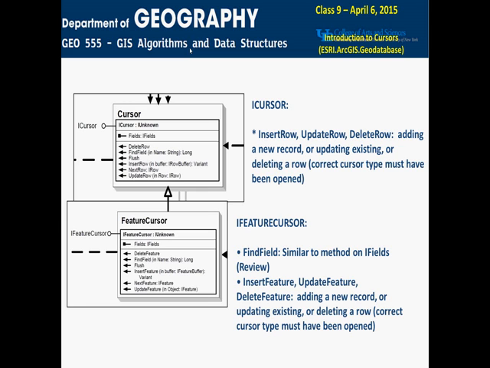You can insert a new record into a database, update an existing record by changing attributes, remove a record from a database, or just select a cursor to look at it. I don't have select listed here because it's not necessary to put it in the method.